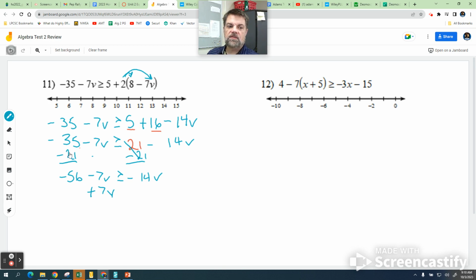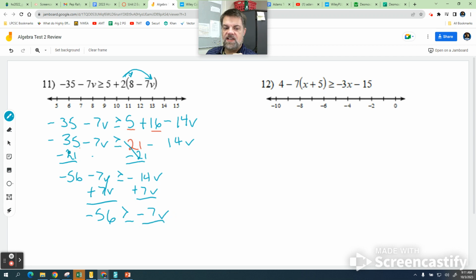Actually, let's do it this way. Add 7b, add 7b. You may have done it differently, and that's okay. You'll end up with the same answer. Maybe you added 14b. That would have worked too. So when I add 7b to both sides, those cancel, and I get negative 56 is greater than or equal to negative 7b.